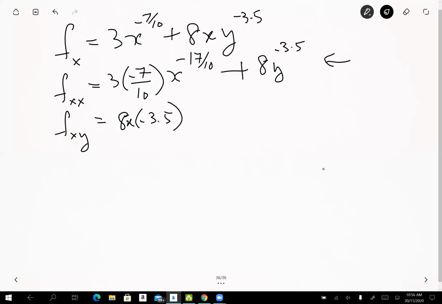So you got 8x multiplied by -3.5, and then reduce the power of the y by 1, so that becomes -3.5 minus 1, that becomes -4.5. Everybody got it? Now, if you got it wrong, check where you made your mistake.